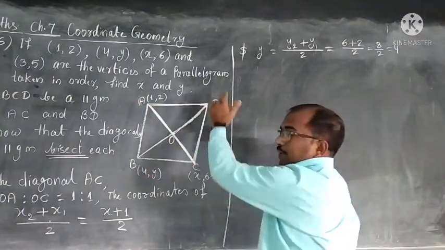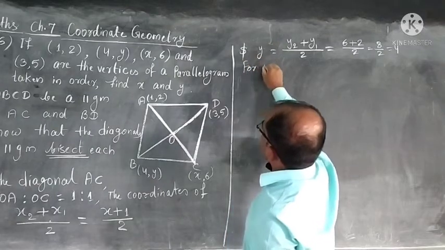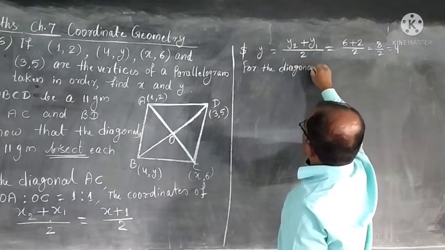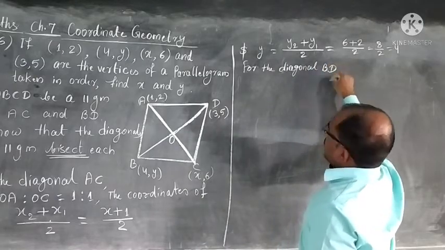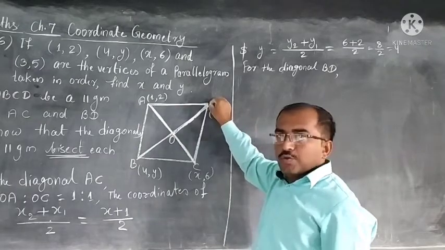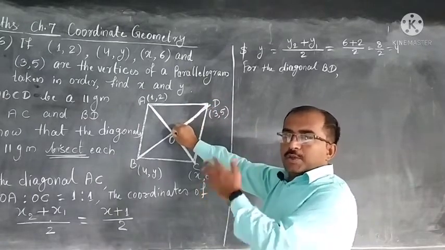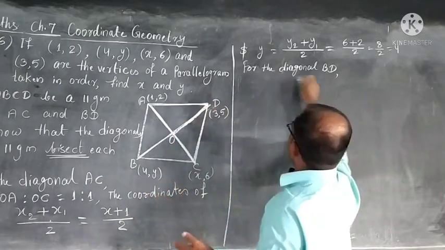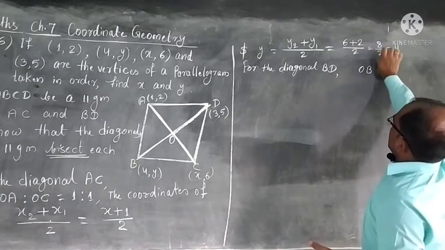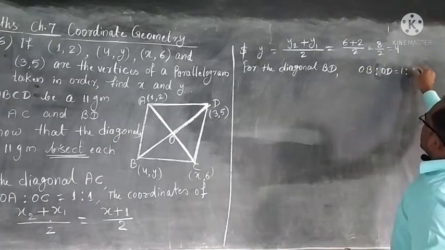Now one more diagonal we have, that is BD. We will work for the diagonal BD. What will be the ratio OB to OD? It is bisecting, the same thing is happening here. O will be the midpoint, so OB to OD will also be 1:1.